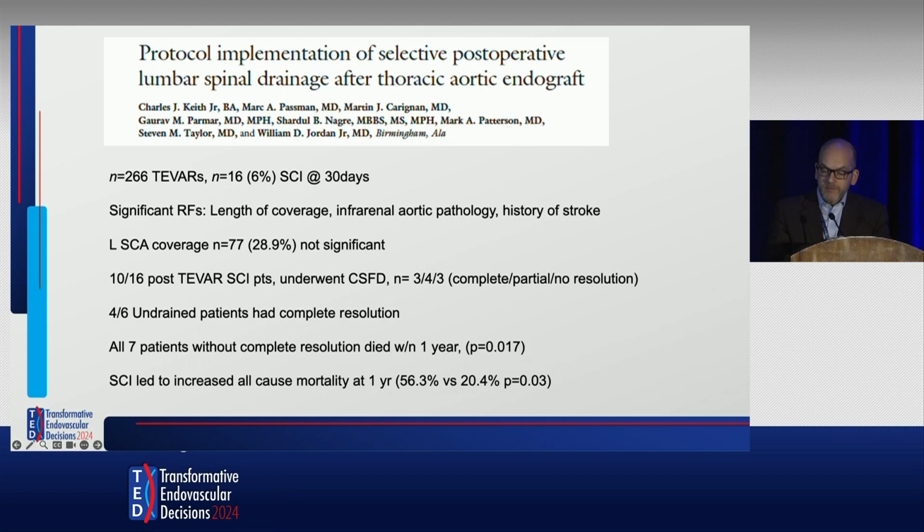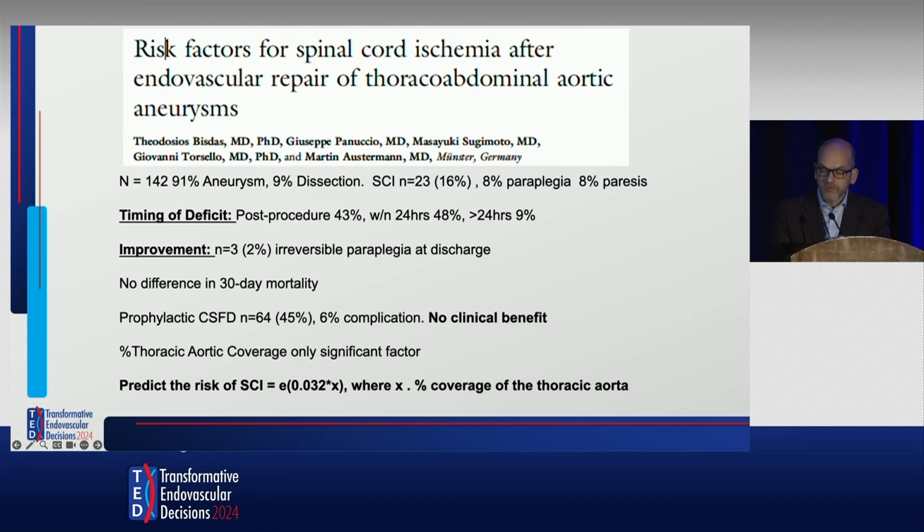And he had 16 cases in his series of 266 cases of paralysis. And then those were either drained or not drained and had recovery, partial recovery, or no recovery, and similar ratios in those. But the important part is that with spinal cord ischemia in the endovascular population, there's a 56% one-year mortality. So we all know it's a dreaded complication.